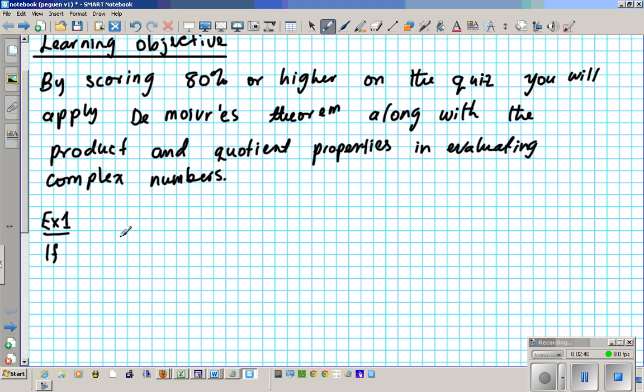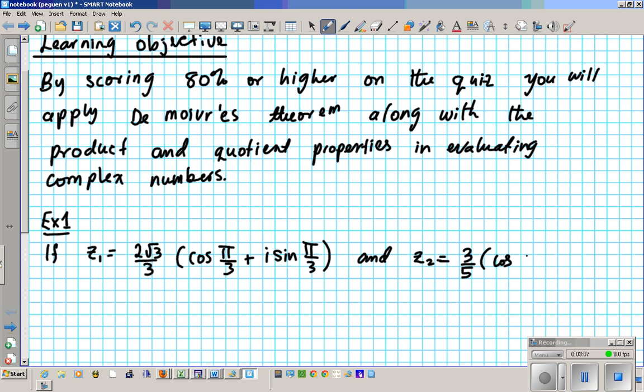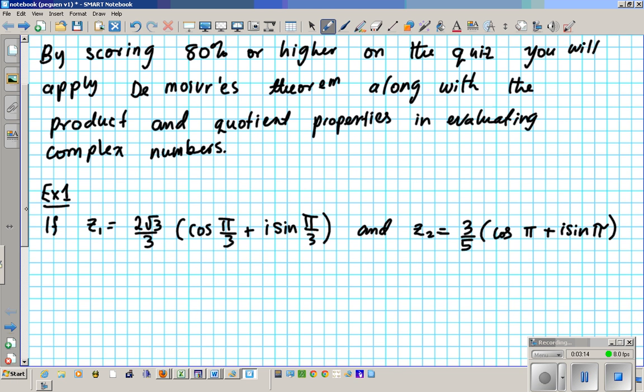If z1 equals 2 root 3 over 3 times cosine pi over 3 plus i sine pi over 3, and z2 equals 3 over 5 times cosine pi plus i sine pi, find the equivalent forms of the following.